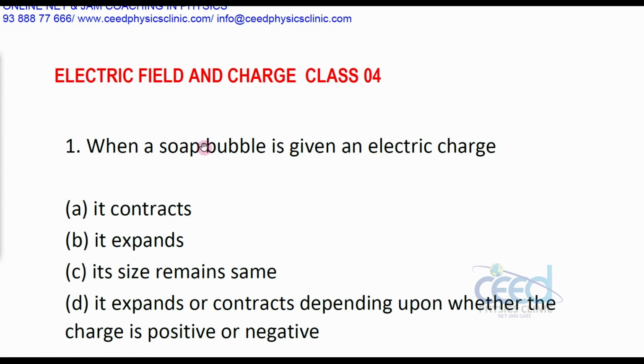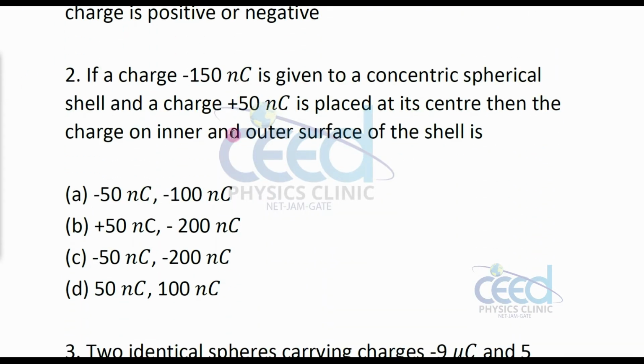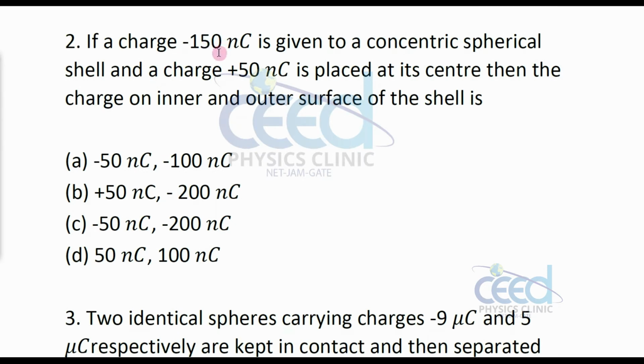All right, now another question: if a charge of minus 150 nanocoulomb is given to a concentric spherical shell and a charge of plus 50 nanocoulomb is placed at its center, then what is the charge on the inner and outer surface of the shell? So here you have a spherical shell.